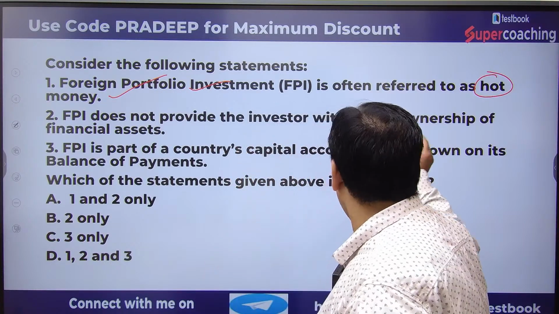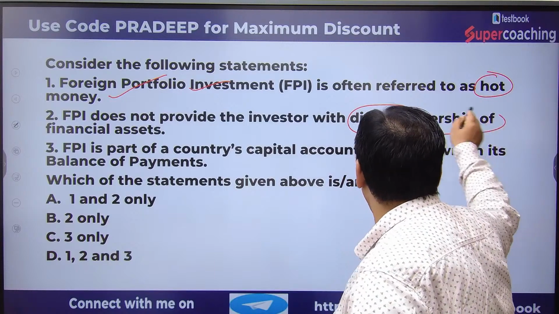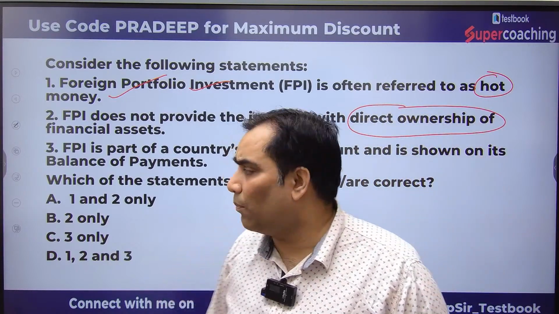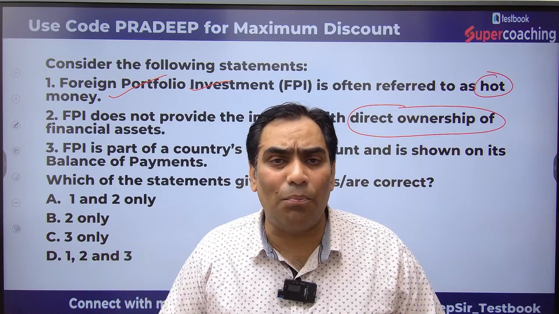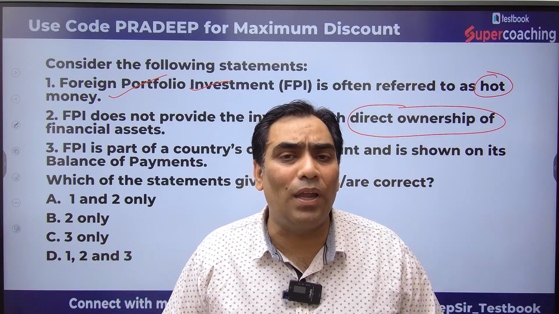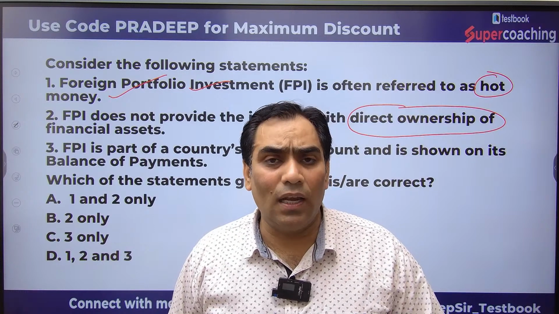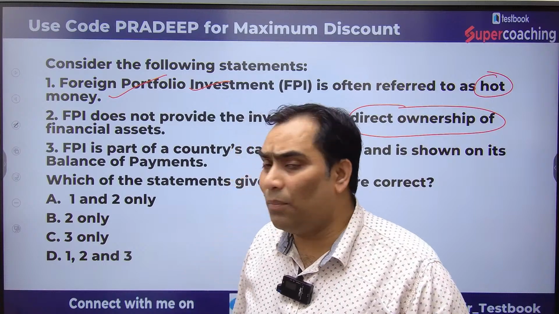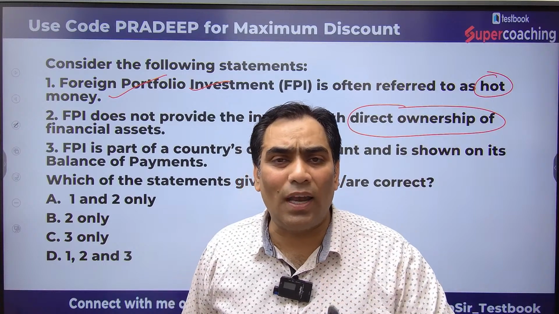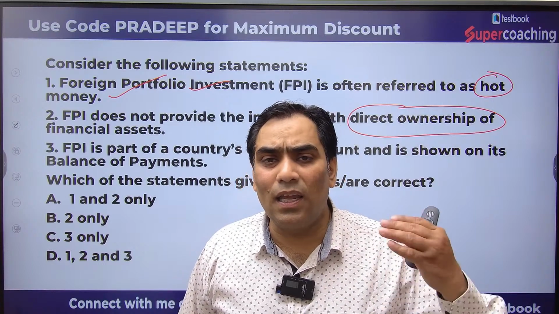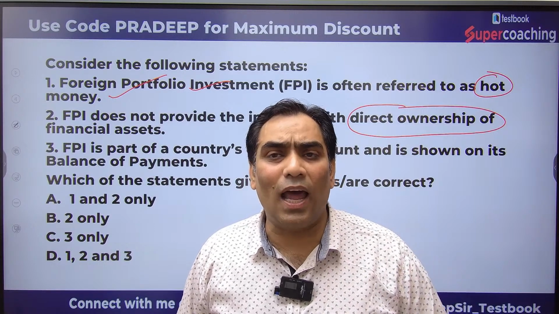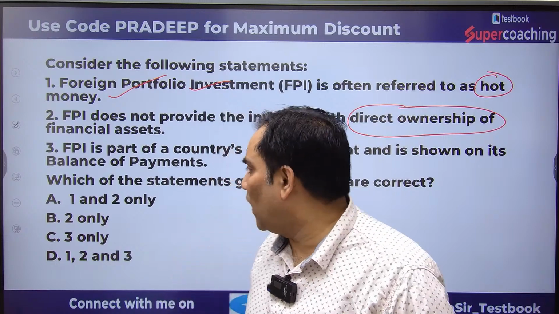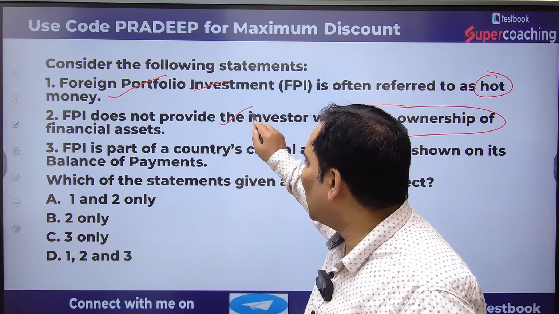Because of that, they do not have direct ownership. Under foreign portfolio investment, the relationship between the investor and company is anonymous. The company does not know who is investing. Whereas in foreign direct investment, they are the owners of the company, they are the equity shareholders. That's why the second statement is also correct.